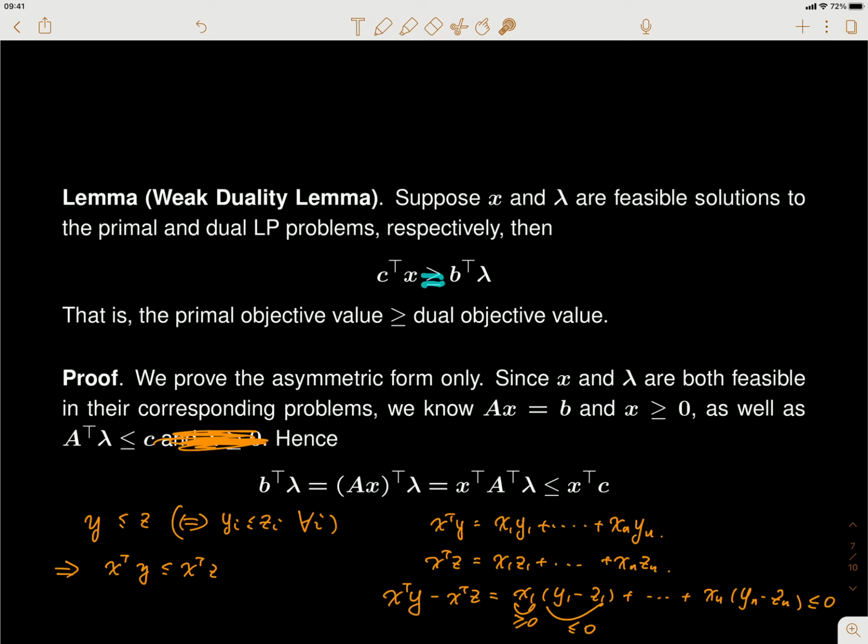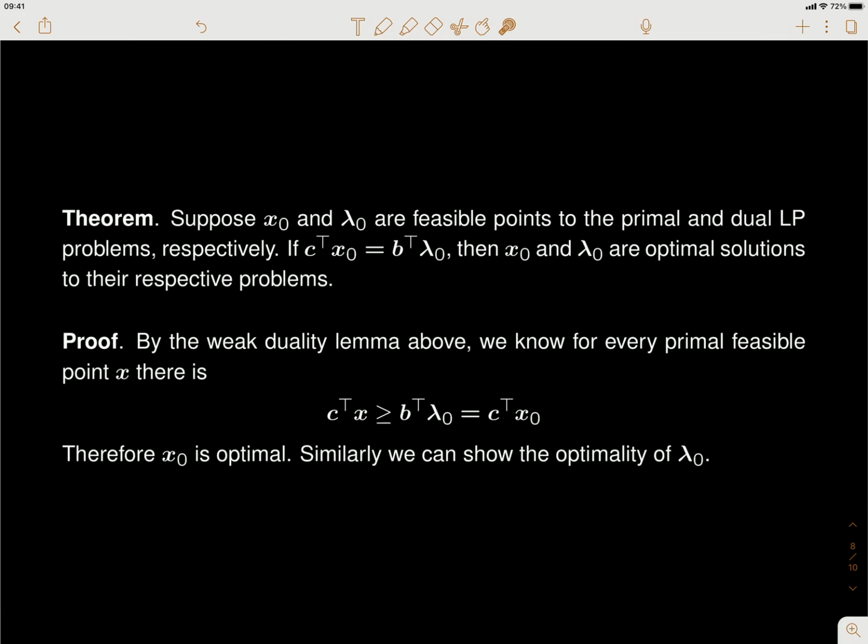And if this is equal, that just means both x and lambda are optimal for their own problems. It must be greater than or equal to, but if it's equal, that means x is optimal for the primal problem and lambda is optimal for the dual problem.